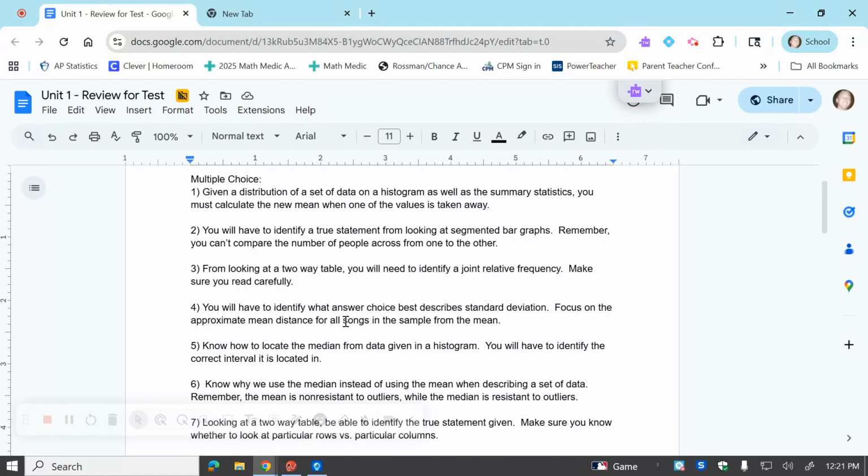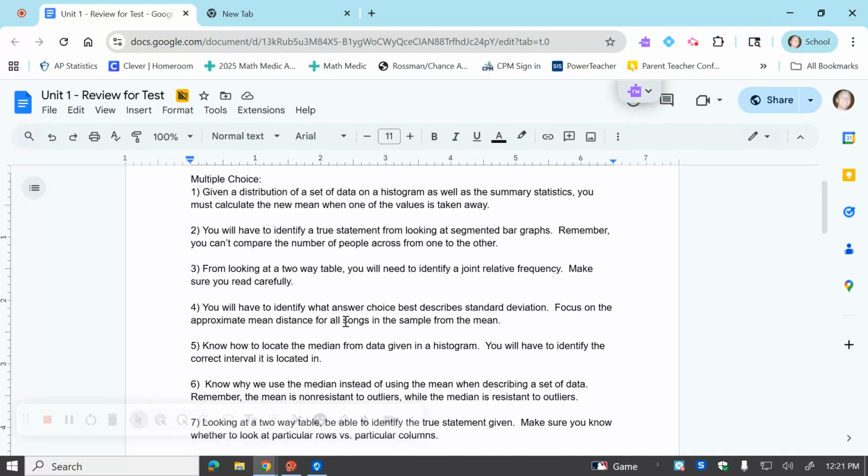Number 5, know how to locate the median from data given in a histogram. So we did a little practice of this the other day in class when we looked at the number of representatives from all the 50 states. You will have to identify the correct interval it is located in. So the key here, know how many data points are in the sample.